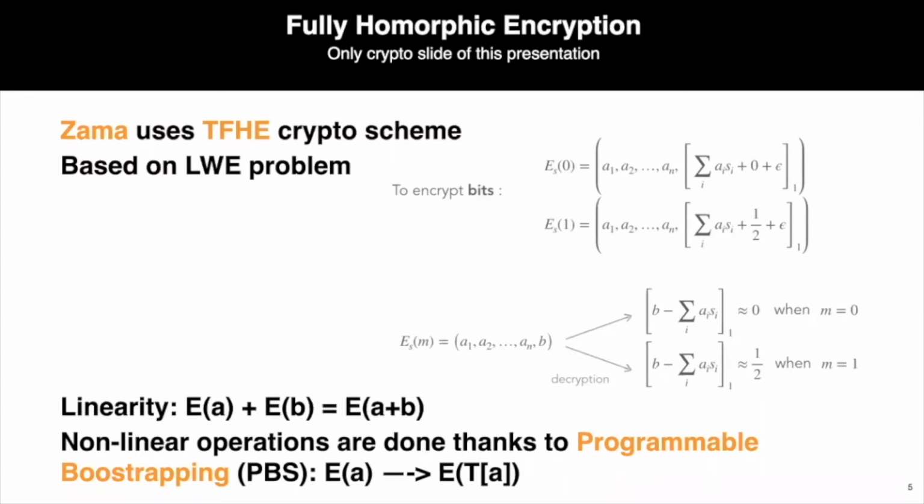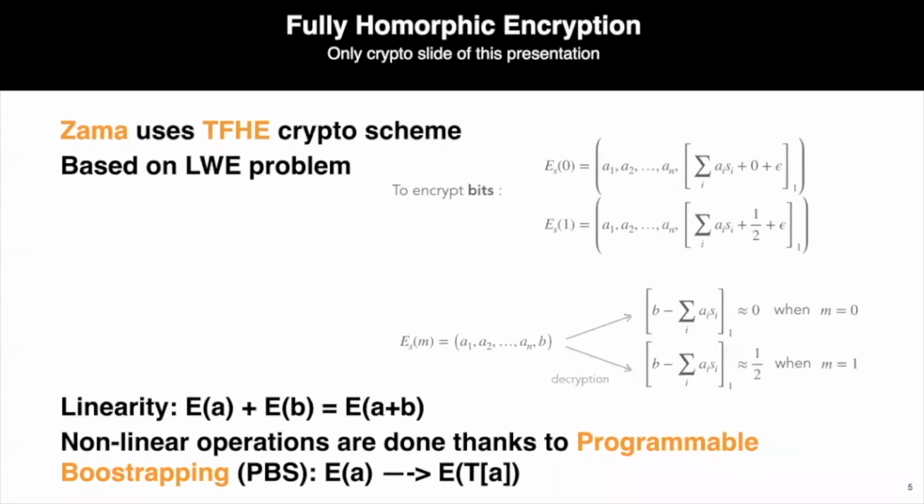More or less, when you have a lot of encryptions of messages, you learn a lot of dot products related to masks, the a_i that you know, and a secret key that you want to learn. You are trying to learn from these dot products, which are a bit protected by the epsilon, the small error, what the secret key, the s_i, is. Hence the name learning with error.